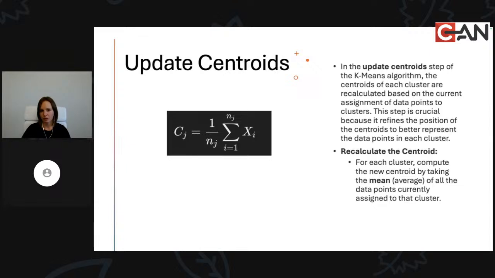So for each point, we calculate the distance to all the centroids, and then we recalculate the mean of the centroid and reassign it to a different value.